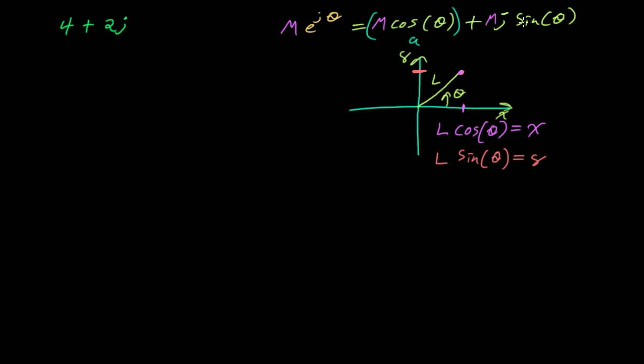And similarly, over here, if I have m times the sine of the same angle, that's also a constant, right? So I'll just call that b. So I would have this in the form of a plus j times b. So now that's rectangular form, right? That's the exact same form of our original problem that we were given.